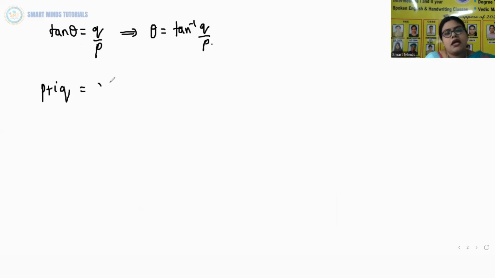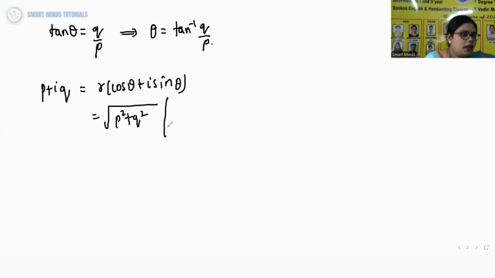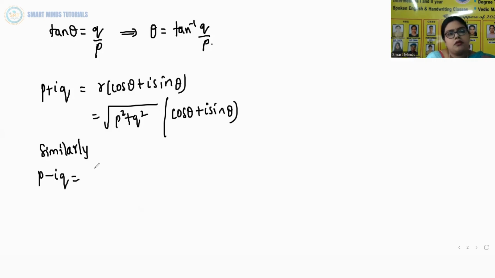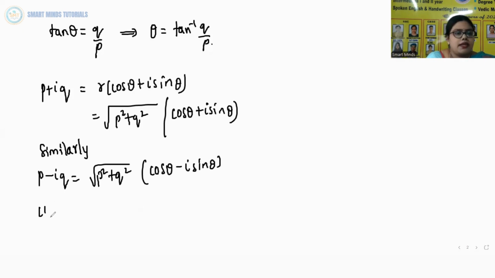Okay. Now let us see how we can write p plus iq. p plus iq is r into cos theta plus i sin theta, as we have assumed. Now we are substituting the values, that is r is root over p square plus q square into cos theta plus i sin theta. Similarly, we can write p minus iq as root over p square plus q square into cos theta minus i sin theta. So now let us take LHS.